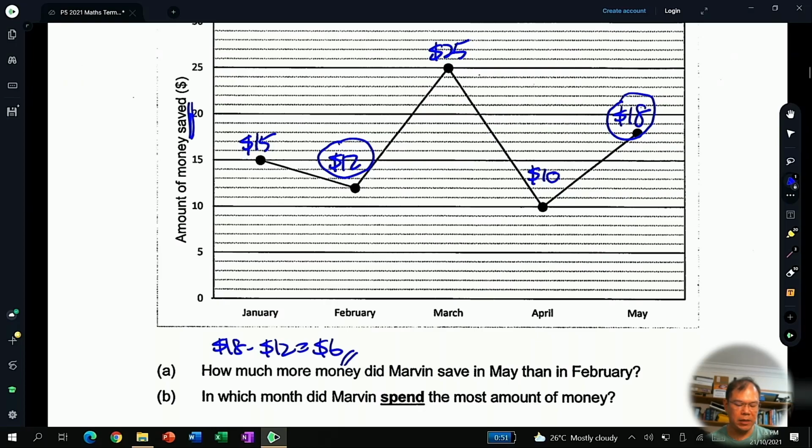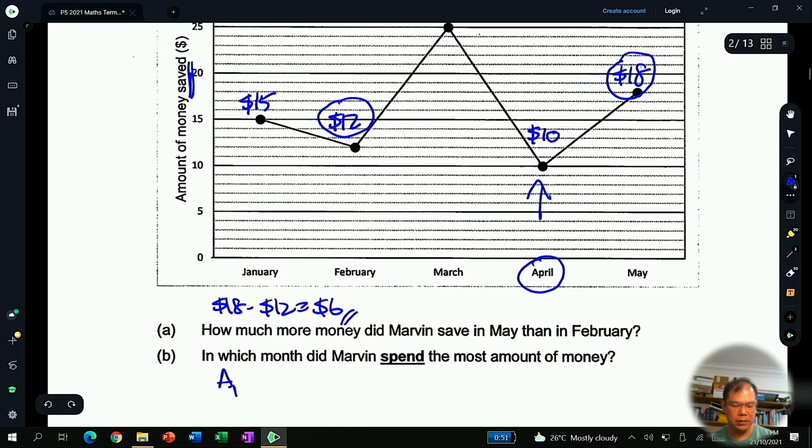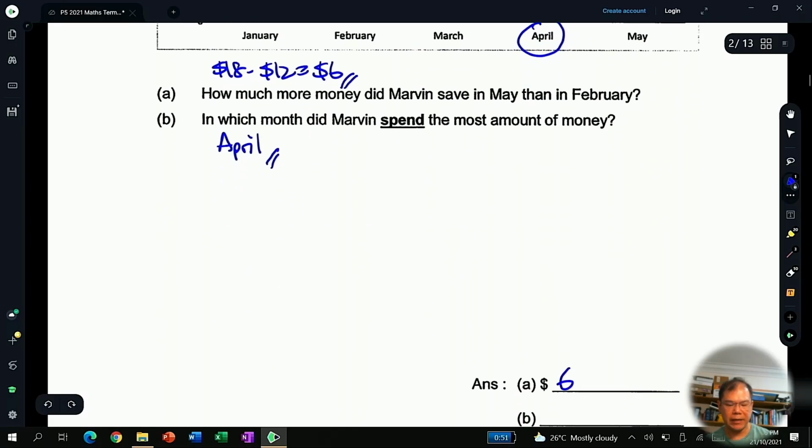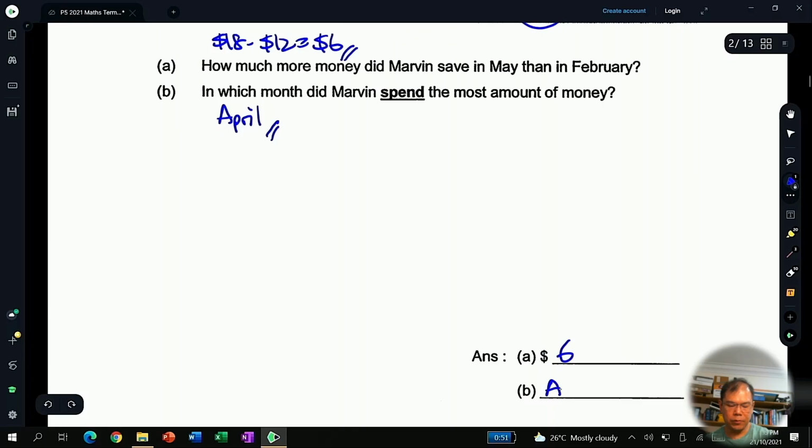So if you spend the most, you have saved the least. So which one is the month that shows the least amount that was saved? April, right? So $6 for part A, and the month of April for part B.